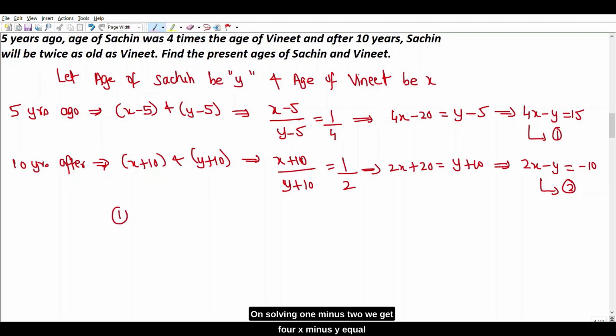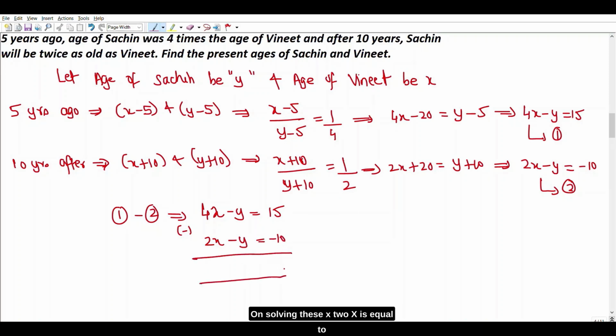On solving 1 minus 2, we get 4x minus y equal to 15 minus of 2x minus y equal to minus 10. On solving, we get 2x is equal to 25, which implies x is equal to 12.5.